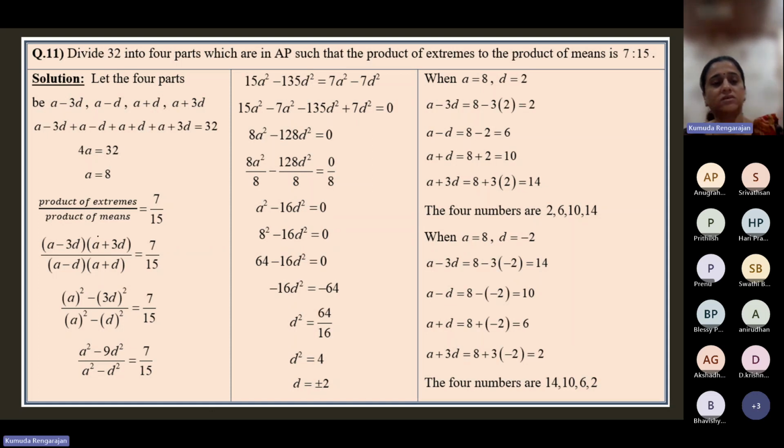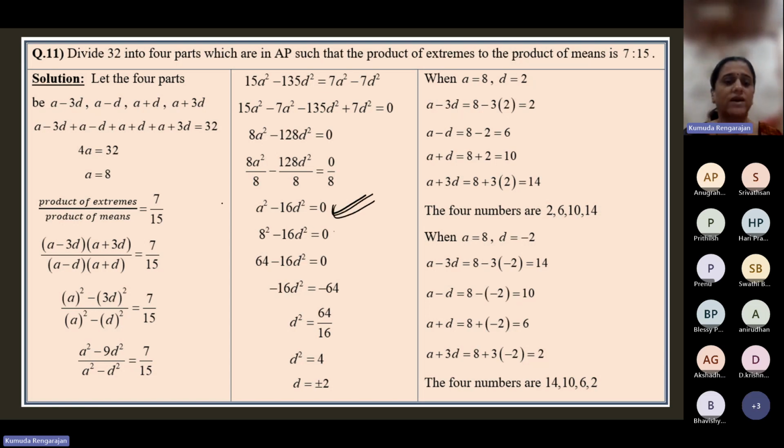Like in the previous answer, here also, if you want, you can use the value of A here itself. A is 8, no? So you can put 8 after the step. I have simplified it to this point: A square minus 16D square is equal to 0.